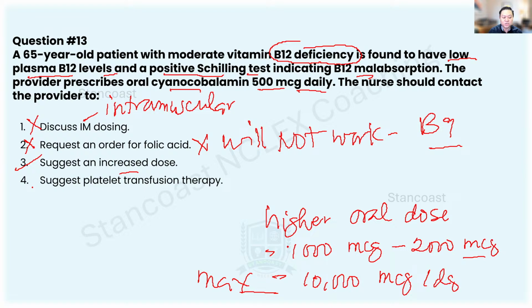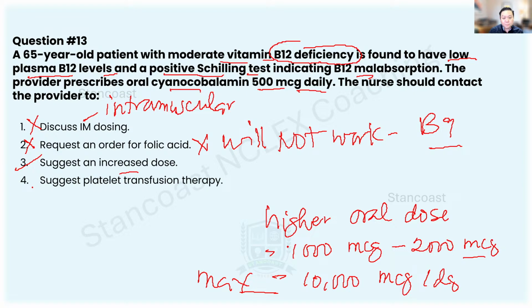IM Schilling is diagnosed. What do you mean by IM? Intramuscular is Schilling. Well, this patient has already been diagnosed with the vitamin B12 deficiency, right? So they are already known, moderate vitamin B12. So they're already identified.